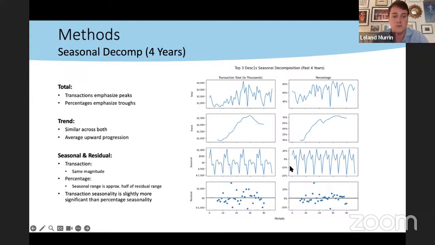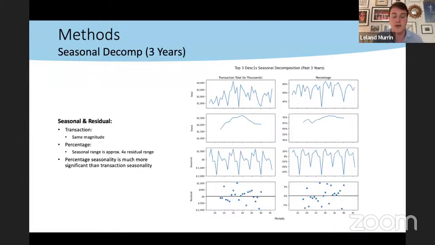Whereas for the seasonal plot for percentage, it's of a pretty much lower scale, 30% range versus 40% range, so not as much significance there. Transaction seasonality is slightly more significant than percentage seasonality for the past 4 years.